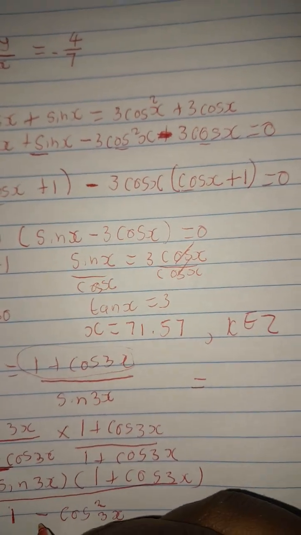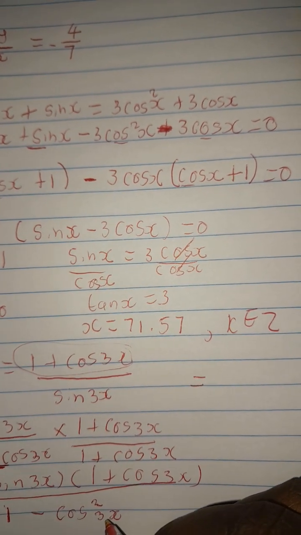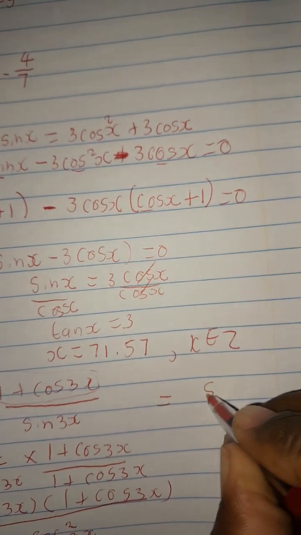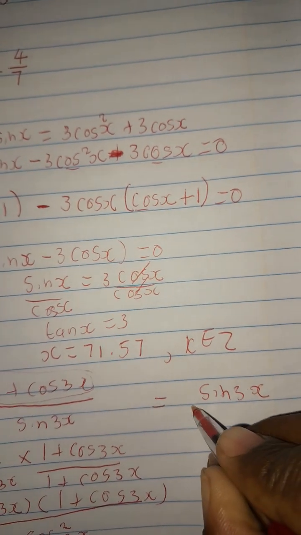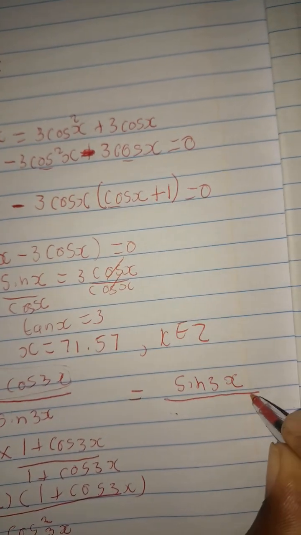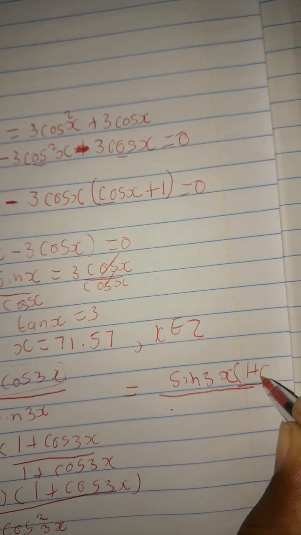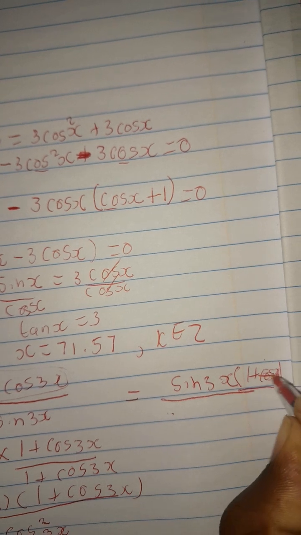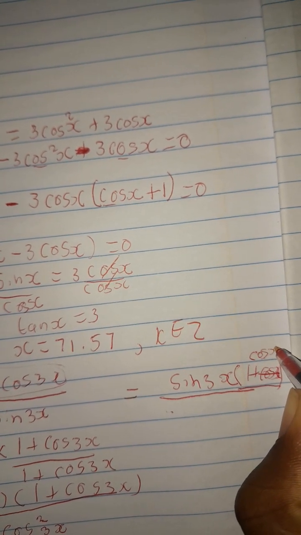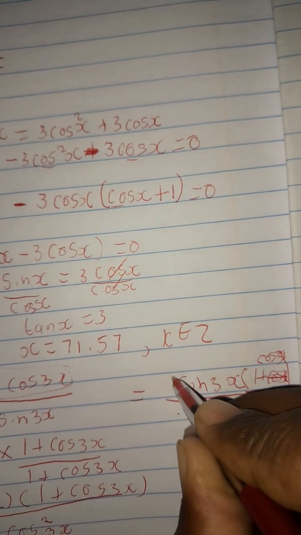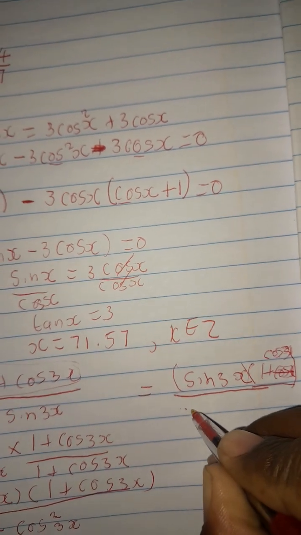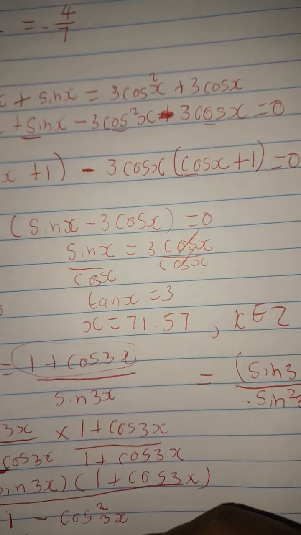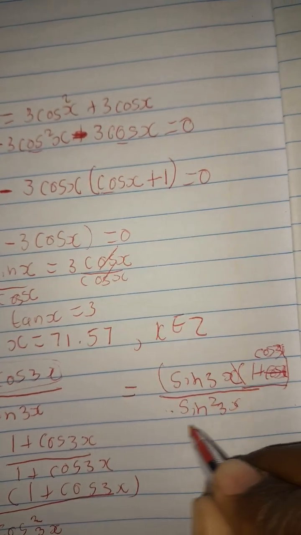From here we can see that 1 minus cos squared 3x is an identity, the square identity. So in other words, we are going to have sine 3x, as well as, remember that we have 1 plus cos 3x in the numerator. And the denominator 1 minus cos squared 3x will change to sine squared 3x.